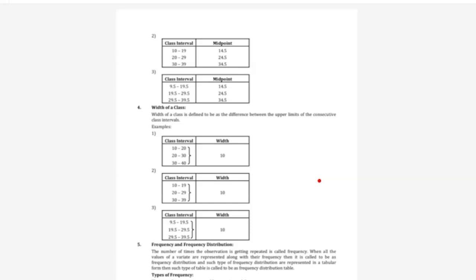Consecutive बोला बेटा, consecutive means successive. The difference between the upper limits of the consecutive class intervals is called to be as the width of a class.